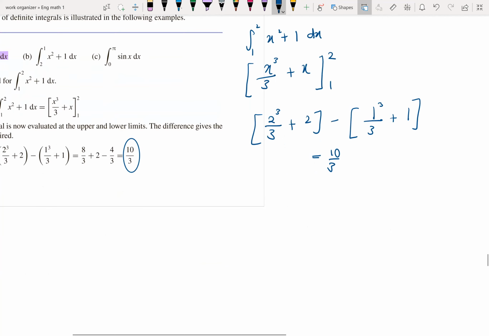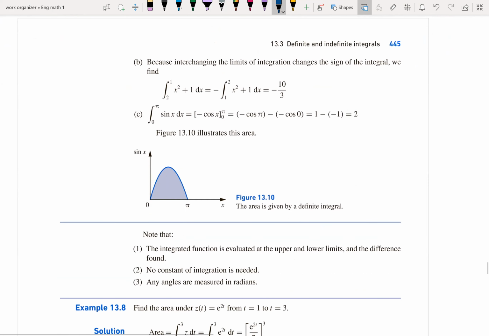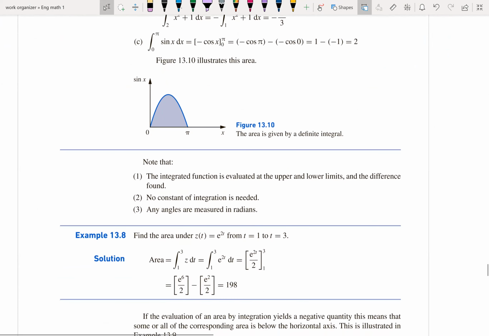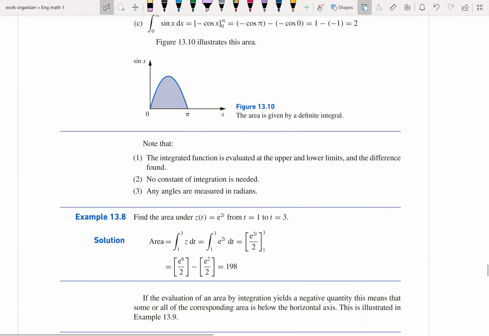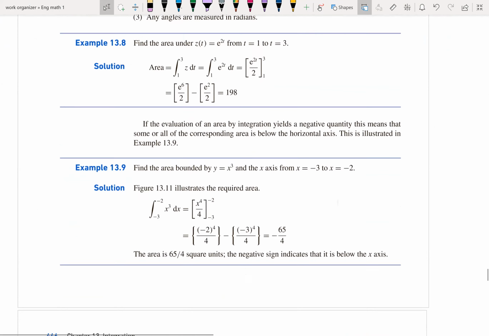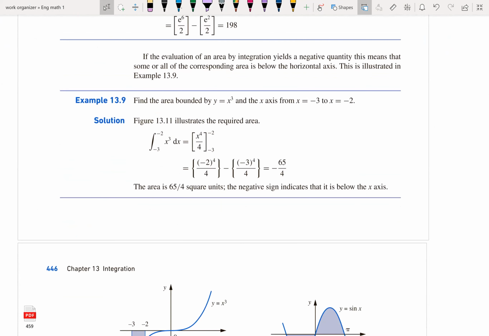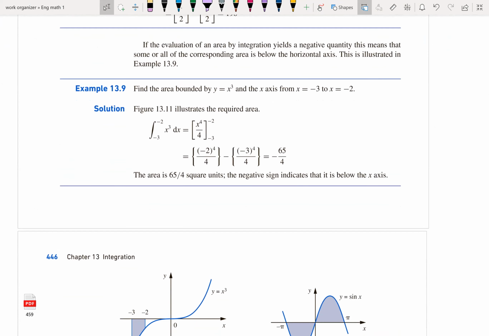Maybe the last one. Find the area bounded by y equal to x to the power of 3 from x equal to negative 3 to x equal to negative 2. So you just write down the integral of x to the power of 3 dx.